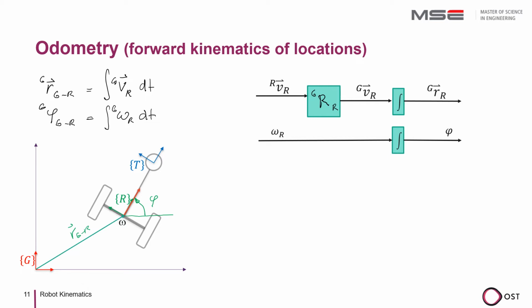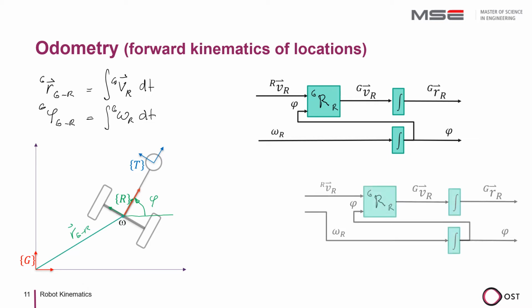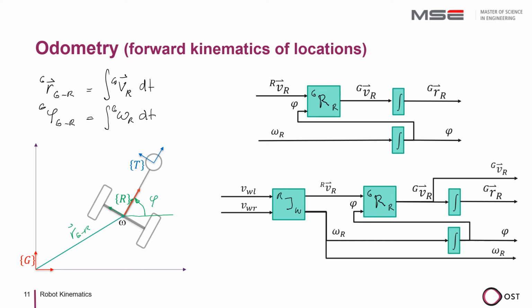In doing so, we use the orientation phi determined by the odometry as the angle. We connect this with the Jacobian transformation and now finally get the odometry of our robot, which gives us the velocity vector, the location vector, the rotation speed and the orientation. If we want, we could also realize this as a subsystem in EROS.